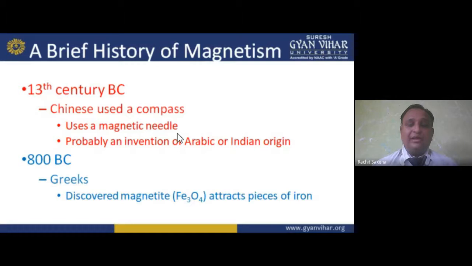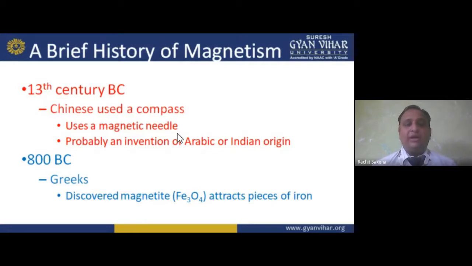We know in a compass we have a magnet and a needle. In the 13th century it was invented and used in China. So it was probably an invention of Arabic and Indian origin, my dear student.